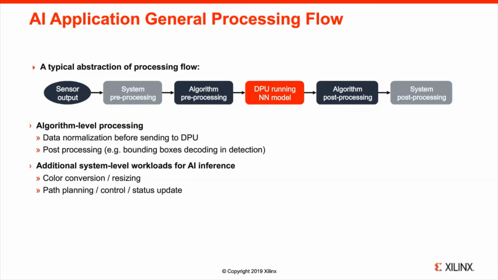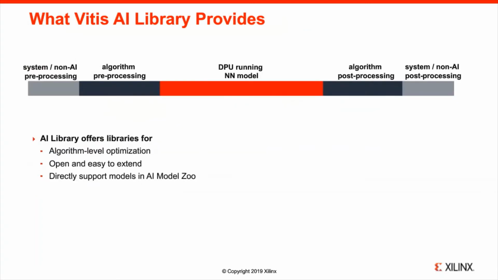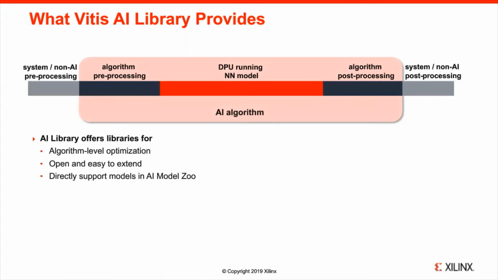Among this, the part the Vitis AI library could help with is the areas inside these pink boxes. The Vitis AI library will provide algorithm-level end-to-end acceleration. The deep blue part, the pre-processing and post-processing for edge deployments, will be running on ARM processors.